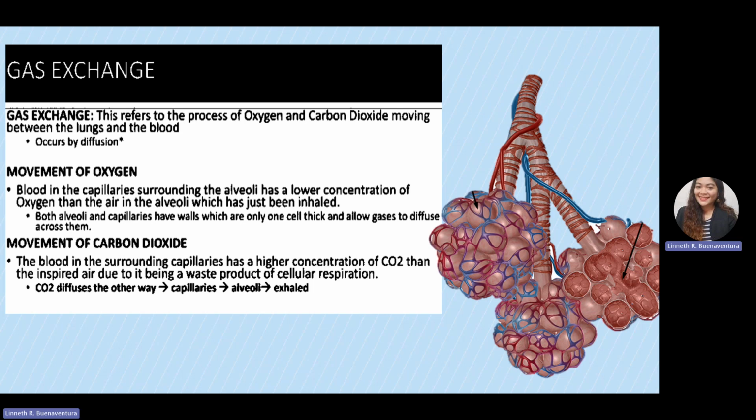Therefore, the carbon dioxide diffuses the other way, from capillaries to alveoli, and it will be exhaled. While oxygen moves from the inhaled alveoli to the capillaries. So that is how oxygen and carbon dioxide move within the air sacs.